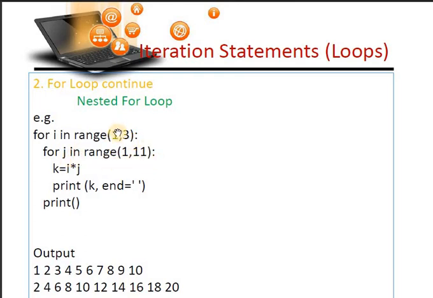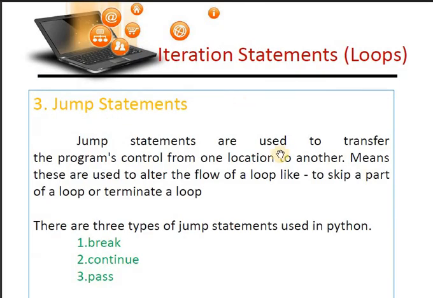So, for each value of i, the j loop will run that many times. Means, for the value of i equal to 1, it is 1 into 1, 1 into 2, up to 1 into 10. Okay. Then, for i equal to 2, 2 into 1, 2 into 2, 2 into 3, up to 10. Okay.